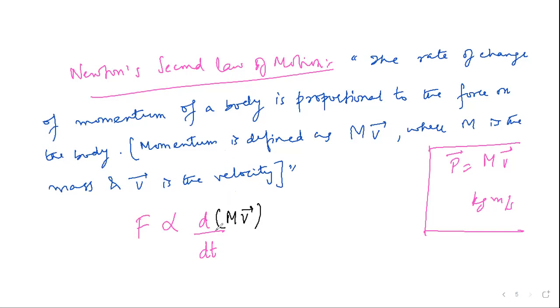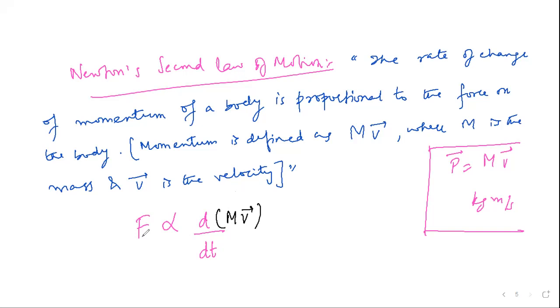That means if momentum changes rapidly, then there must be a larger force acting on the body. If momentum changes at a lesser rate, then a smaller force is acting on the body, right? Or you can say in reverse that to increase the momentum of a body at a greater rate, we need to apply a large force.